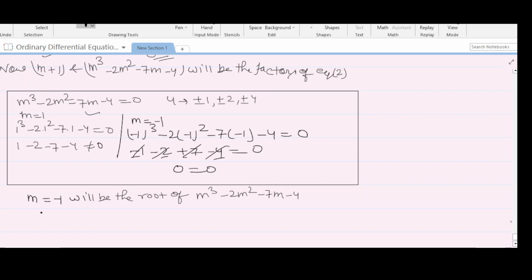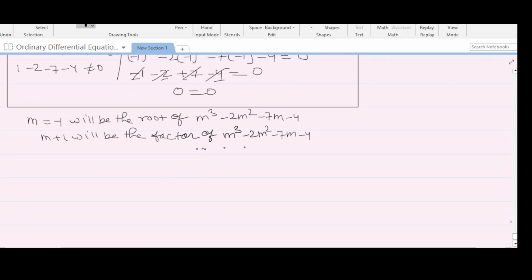That means m plus 1 will be a factor of m cube minus 2m square minus 7m minus 4. If it is a factor, it will definitely divide this equation and there will always be 0 remainder. m plus 1 divided into m cube minus 2m square minus 7m minus 4.